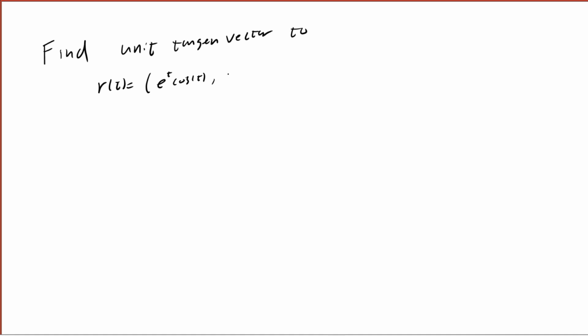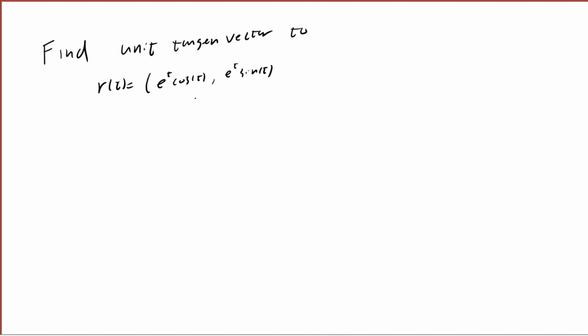For this one, the question was: find the unit tangent vector to r of t equals e to the t cosine of t, e to the t sine of t.